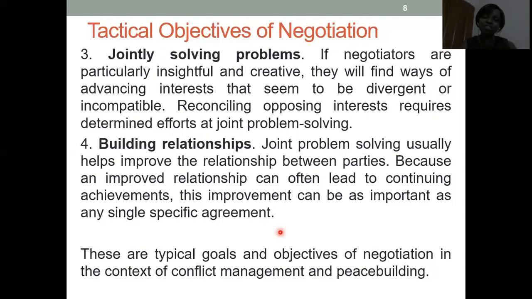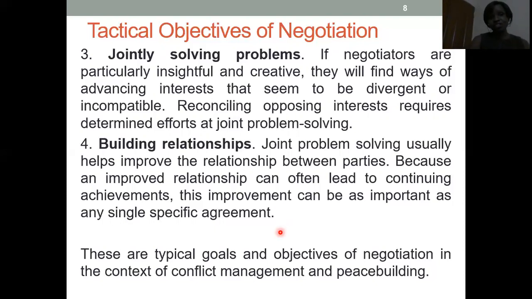Many negotiations, if the conflict is not so big, we don't really build relationships. So you're going to find relationships in larger conflicts, like political conflicts between countries or trade conflicts between multinational companies.